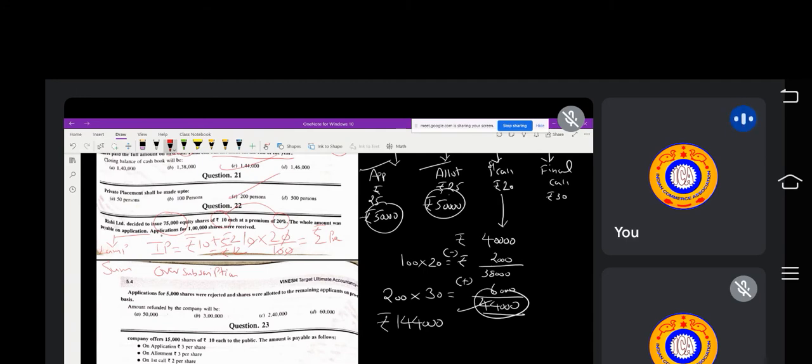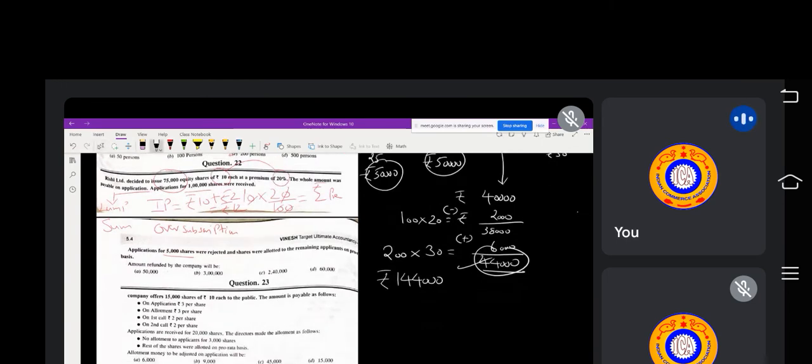Applications for 5,000 shares were rejected. Which means out of 1 lakh shares you have received, you are rejecting altogether 5,000, so you still have 95,000.